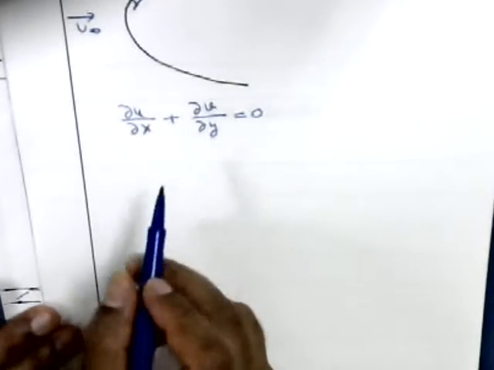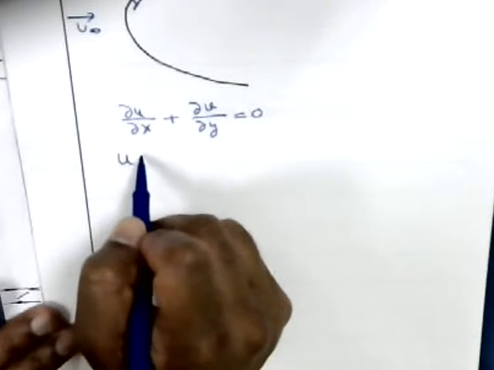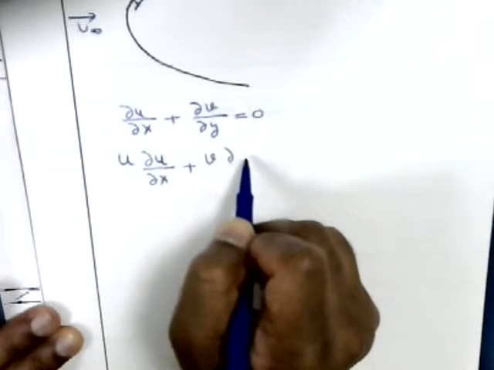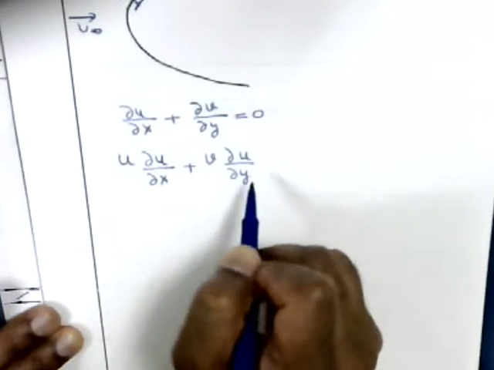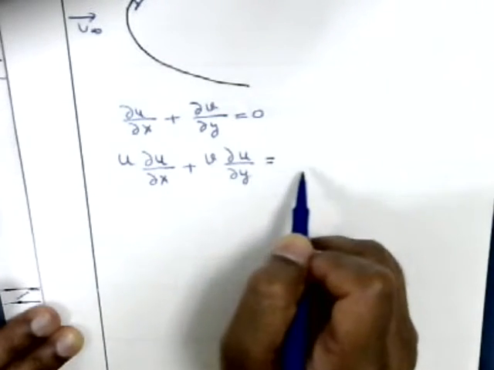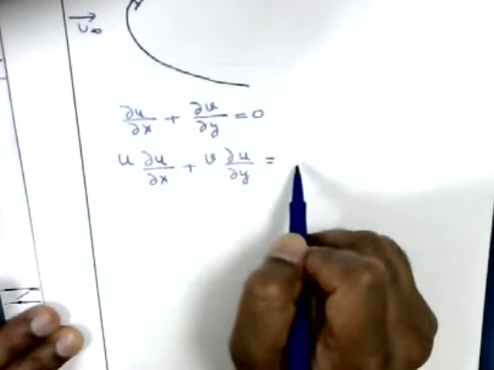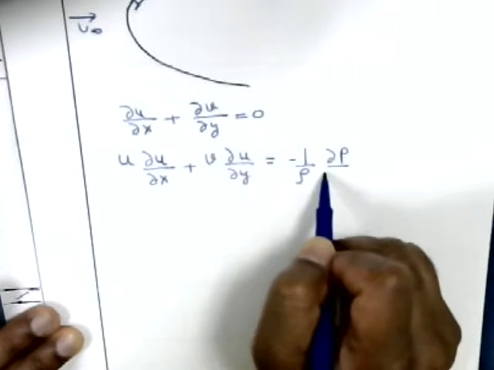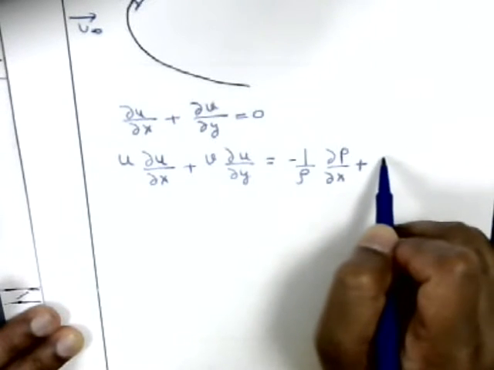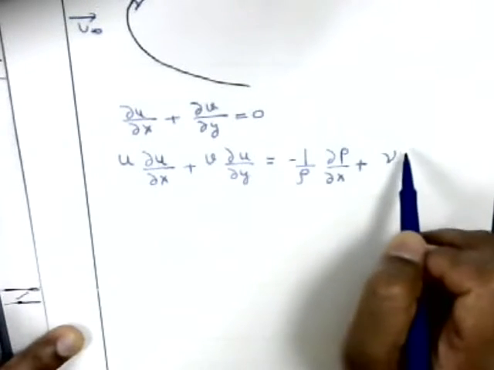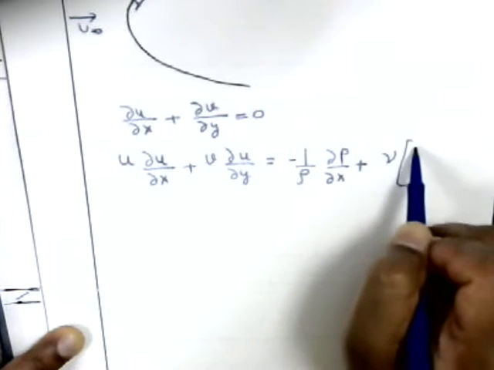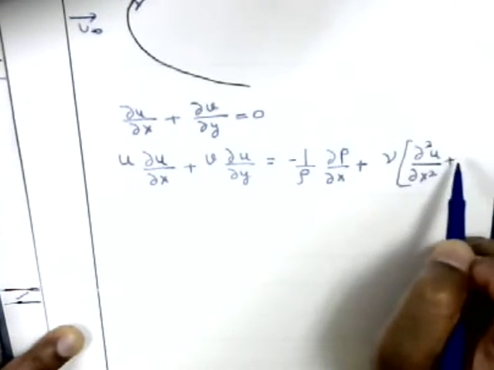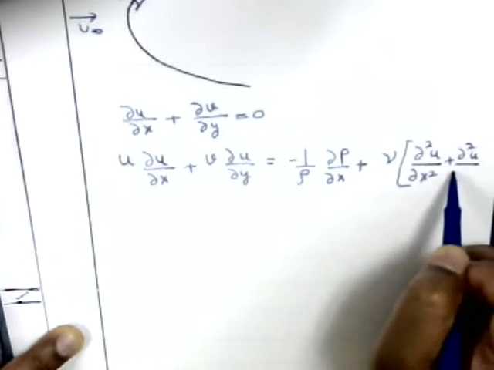There is the momentum equation in x direction: u ∂u/∂x + v ∂u/∂y equals, taking density to the right hand side, negative 1 over rho ∂p/∂x plus the kinematic viscosity ν times (∂²u/∂x² + ∂²u/∂y²).